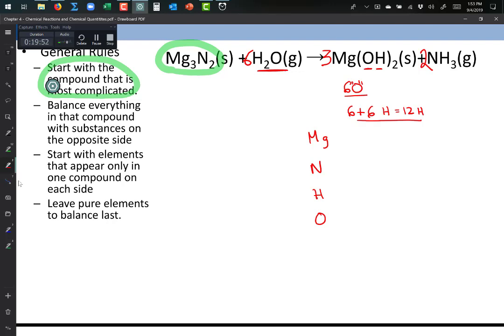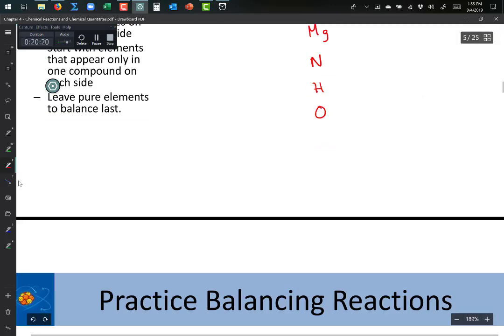So if you start with things like magnesium nitride, where magnesium is in one compound on this side and nitrogen's in one compound on this side, it's much easier to balance it that way. Okay? And the last thing is, if you have something that's a pure element like oxygen or nitrogen or fluorine, chlorine, any of those diatomics or just iron, leave those to last because you can always put a number in front of it and balance it. It's really easy to do.